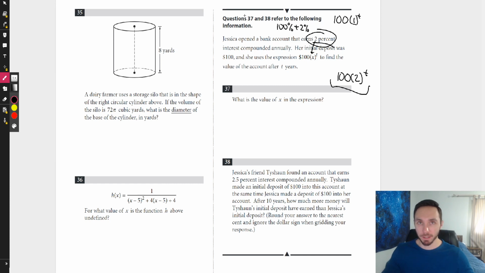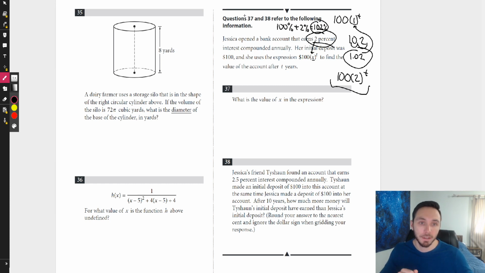So 100% plus 2% is 102%. We're going to be 102% of what we once were after each year. How do I convert 102% to a decimal? You move the decimal place twice. So you have a value of 1.02, and that is exactly what I'm plugging in.